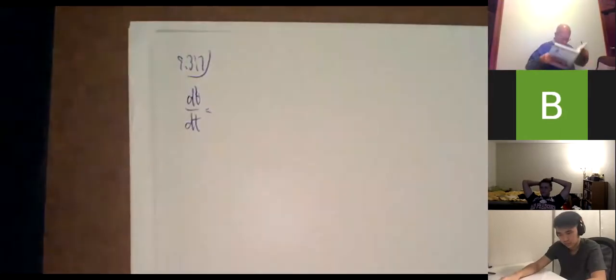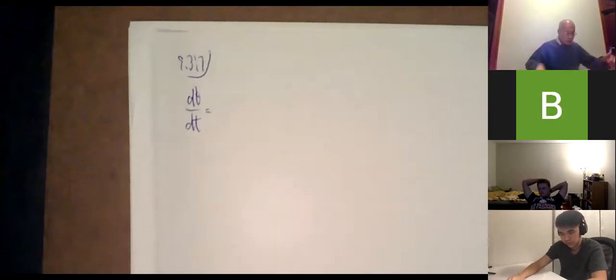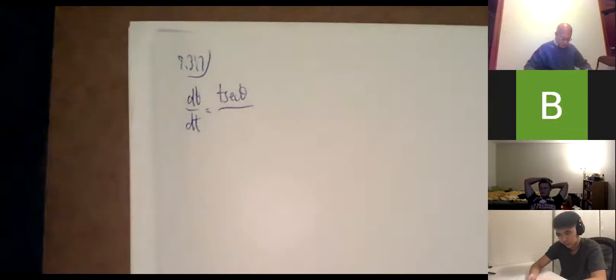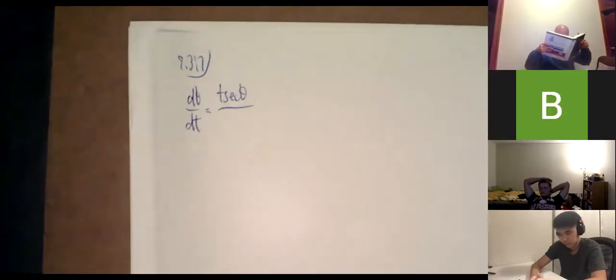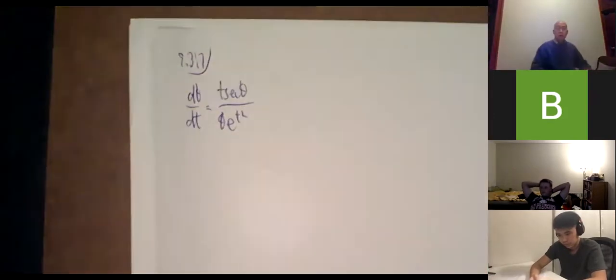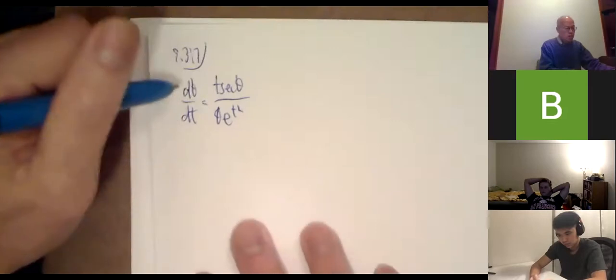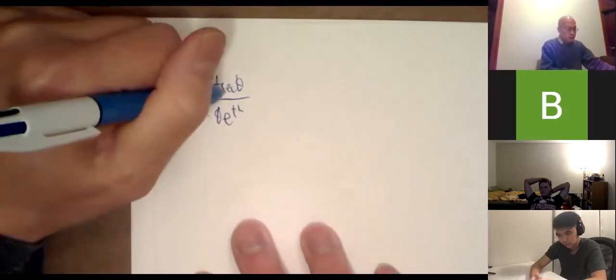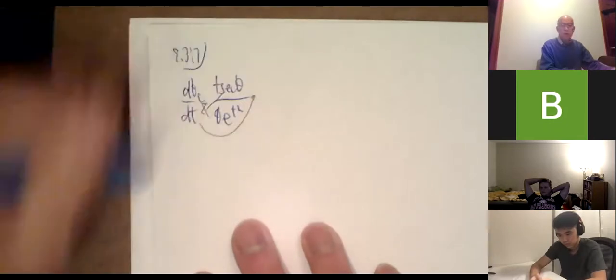d theta dt equals t secant theta over theta e to the t squared. Okay, so multiplied by dt, theta goes up, secant theta goes down, dt goes up.